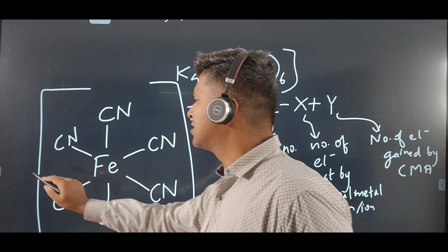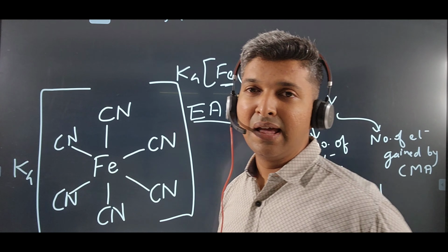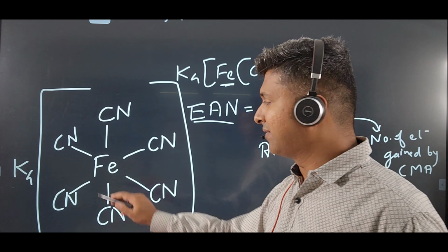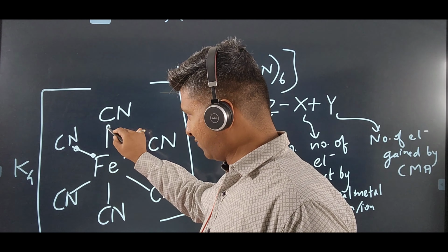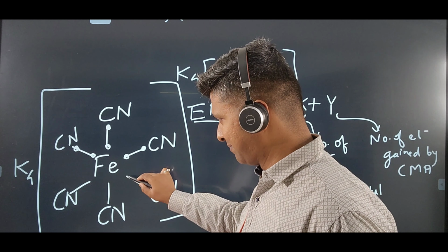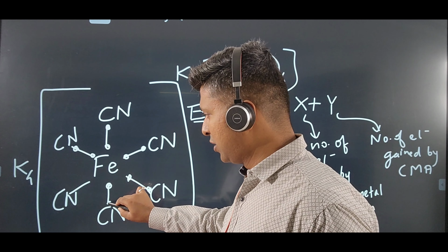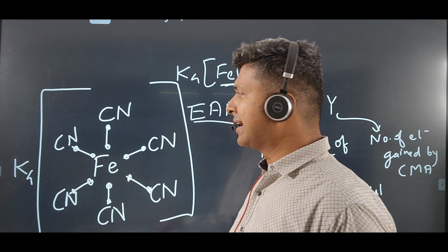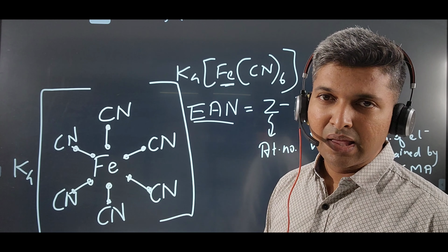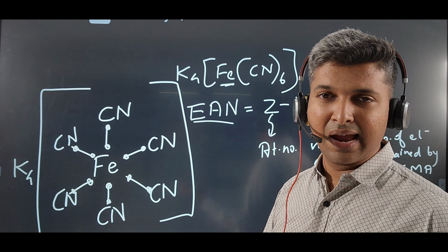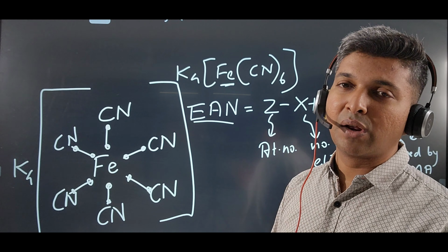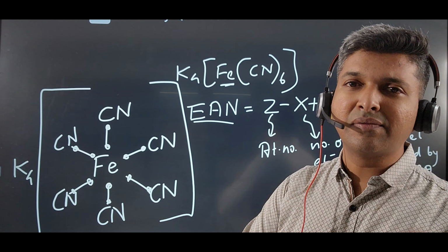That means Fe is not giving a single electron to cyanide, but in fact cyanide is giving a lone pair of electrons to Fe and forming a coordinate bond. That's what we had discussed in the beginning of the video in part 1. A ligand is an electron donor molecule, and electron donor molecules are also called Lewis bases. All that we discussed in the previous class.